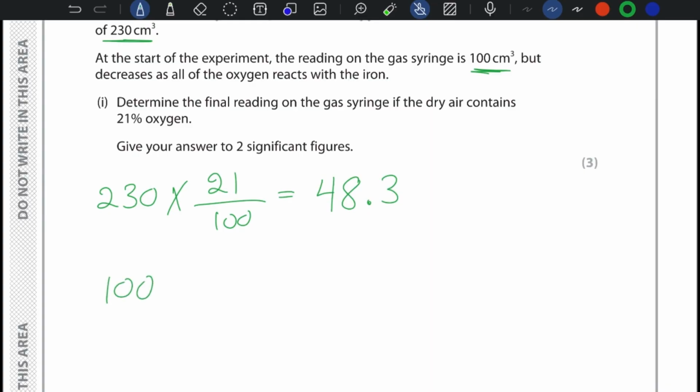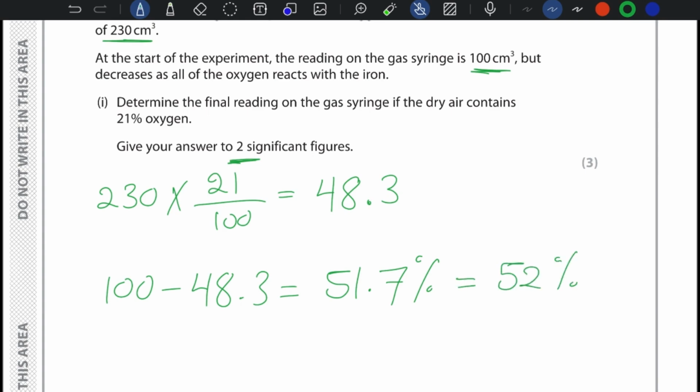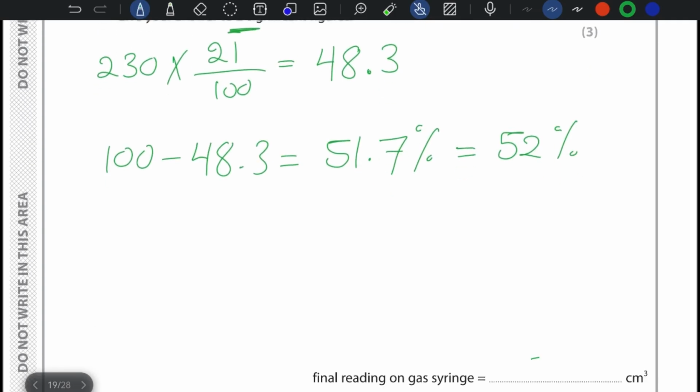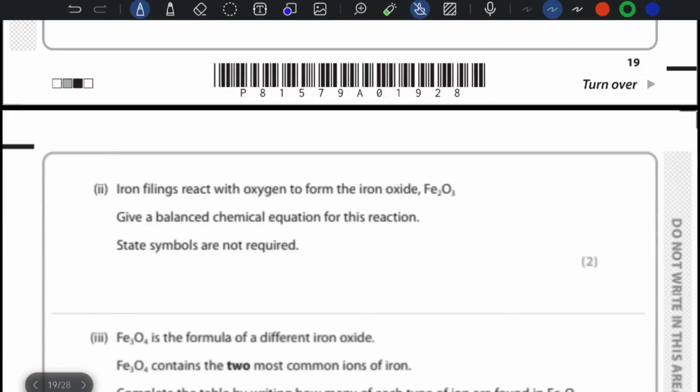So we can write that 100, the reading of the gas syringe, minus 48.3 is equal to 51.7. He asks to give 2 significant figures, so we can write 52. Remember that working is not required, so if you write 52, the final answer, you will get the 3 marks.